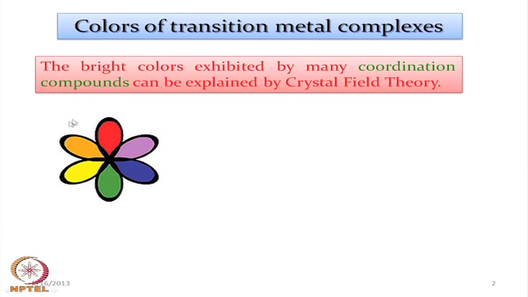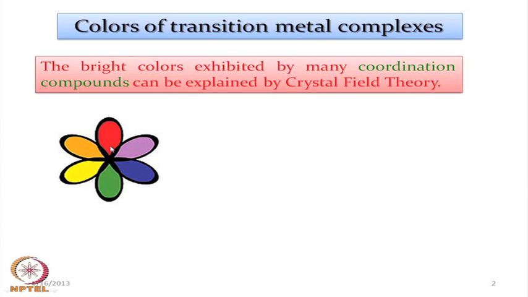So, the entire visible spectrum, we always know, is VIBGYOR. We have 7 colors, but for an even distribution, if we distribute them as violet, blue, green, yellow, orange and red, we will have a useful circle of the colors.